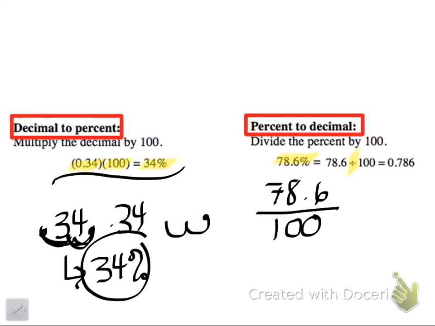Is our decimal going to move to the right, or to the left? Correct, our decimal is going to move to the left. So this then would be 0.786. Why? Because when we look at our decimal, we're moving 2 spots to the left, ending up with 0.786, or 786 thousandths.